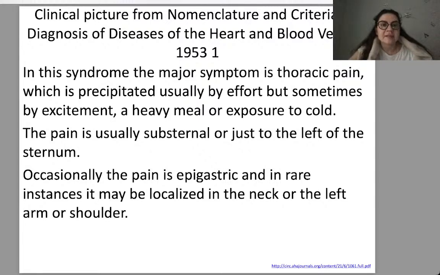They wrote: in this syndrome, the major symptom is thoracic pain, which is precipitated usually by effort but sometimes by excitement, a heavy meal, or exposure to cold. The pain is usually substernal or just to the left of the sternum. Occasionally, the pain is epigastric, and in rare instances, it may be localized in the neck or the left arm or shoulder.